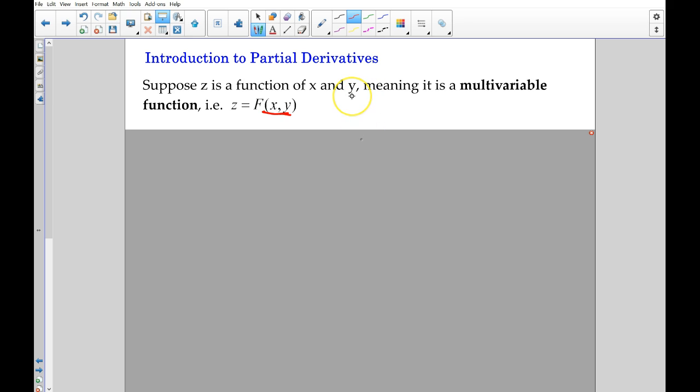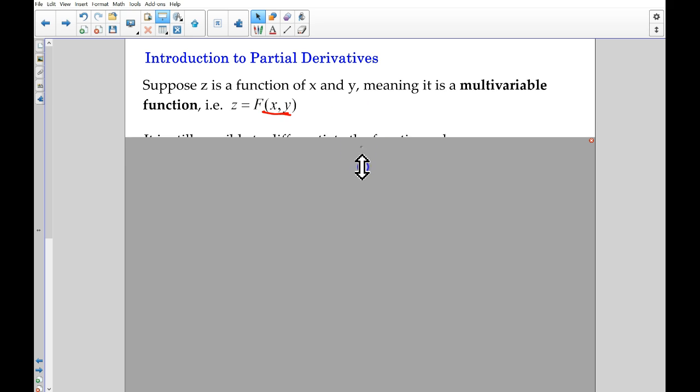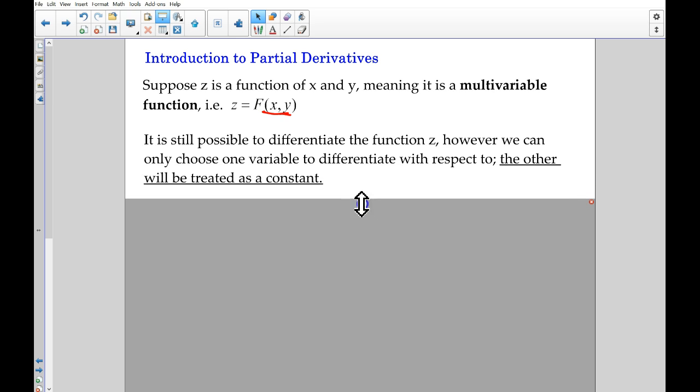And this is actually how functions operate in real life, you often have many factors influencing your outcome. So if we want to look at these types of functions, we can still find derivatives.